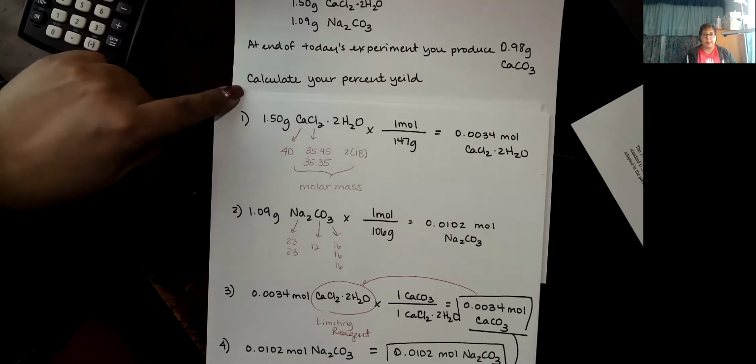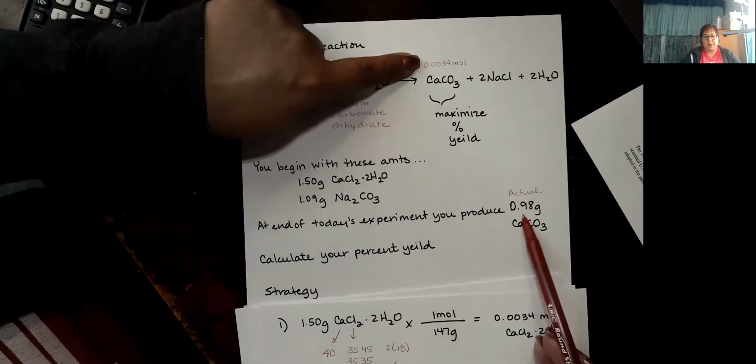Well, according to my problem, I'm going to produce this many moles. This is in grams. This is in moles. Oh, you can't see. Here we go. Now you can see. So here's how much I produced, but this one is my theoretical yield in moles. This right here is my actual yield because it's going to be what I did as part of the lab experiment.